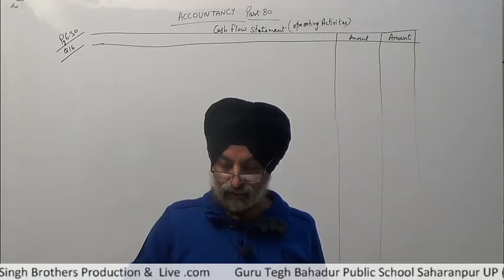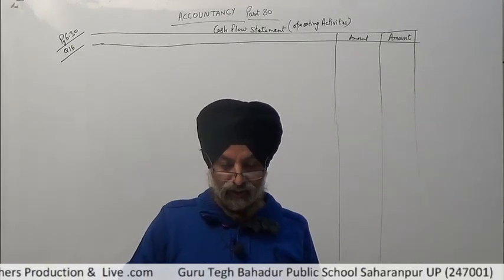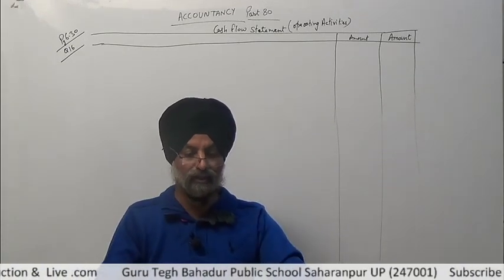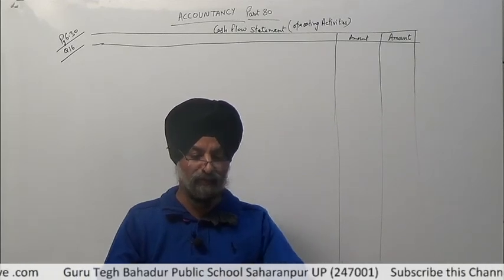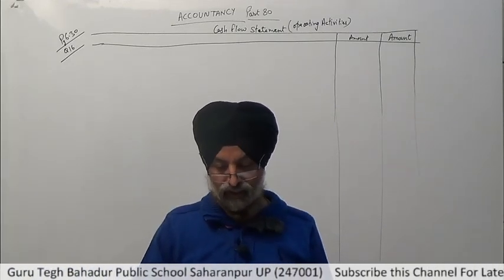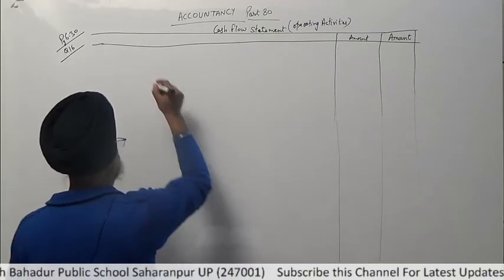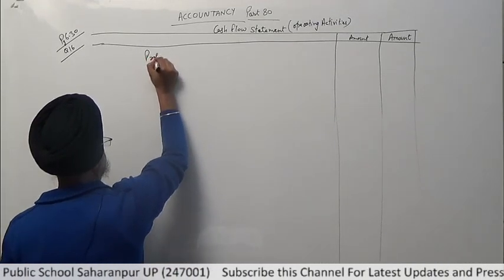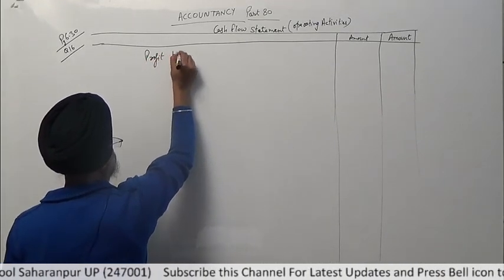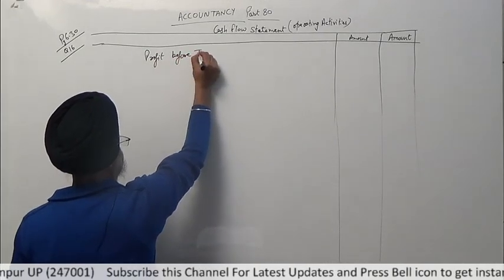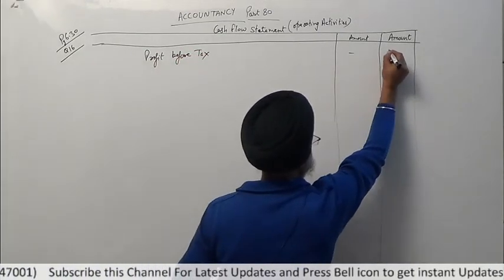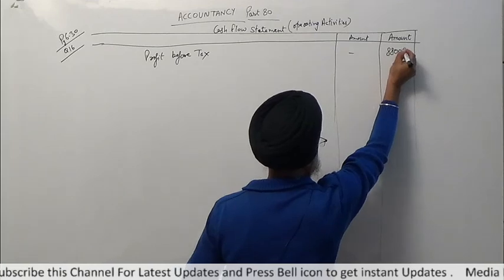For this we first have to take net profit before tax. In the statement of P&L, in the last part, profit before tax 88,000 is given. So take this profit before tax, 88,000.